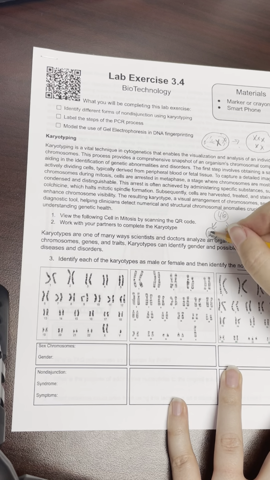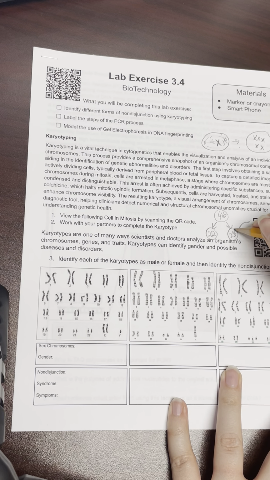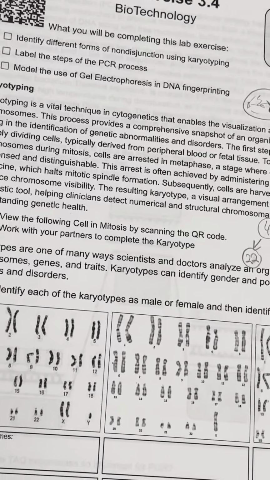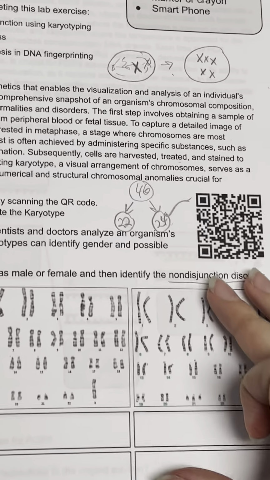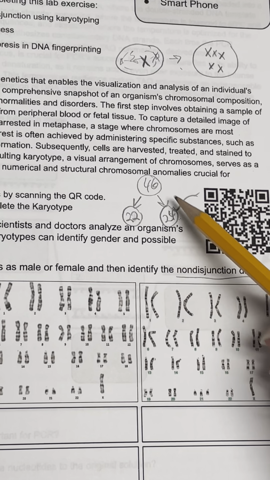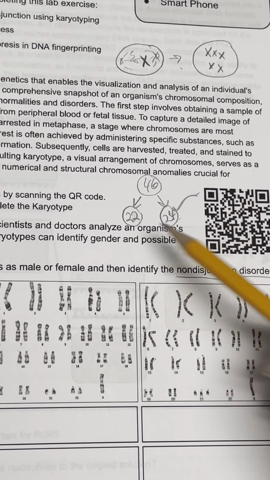So for instance, maybe we'll end up with 22 on one side and 24 on the other side. If this sperm was selected for fertilization, we would actually have extra DNA. If this sperm was selected for fertilization, it would have less DNA than necessary. So this is a form of non-disjunction, when we get more DNA on one side than the other.